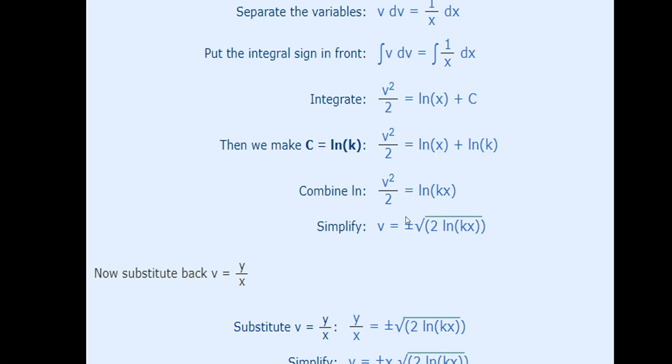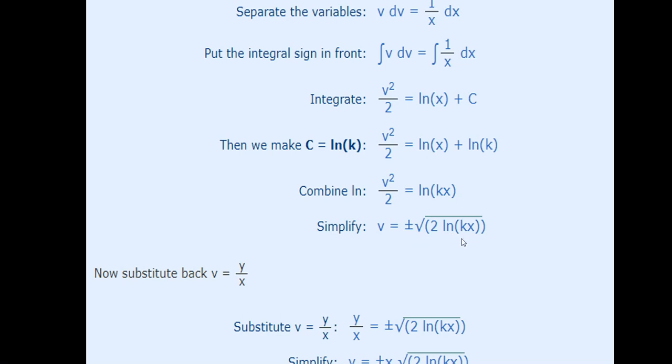So I transfer the 2 to the other side, so that would make this side 2 ln of kx. And I want v, not v squared. So what do I do? I take the square root of both sides of this equation. If I take the square root of v squared, that would be a v. And this one here will be plus or minus the square root of 2 ln of kx.